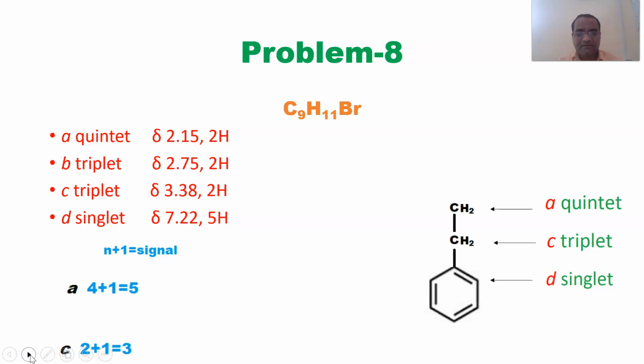So firstly I will draw one more carbon. If I draw one more carbon placing 2 hydrogens, it can show a quintet, with the adjacent having 4 hydrogen atoms placed.